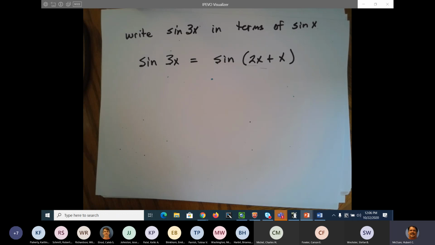And this is plus, and you're talking about the sine. So that's going to be sine, cosine, cosine, sine.